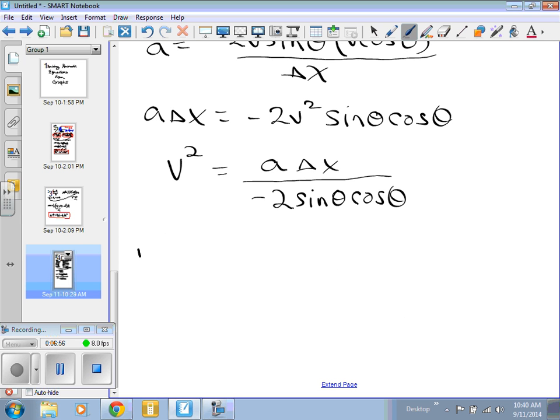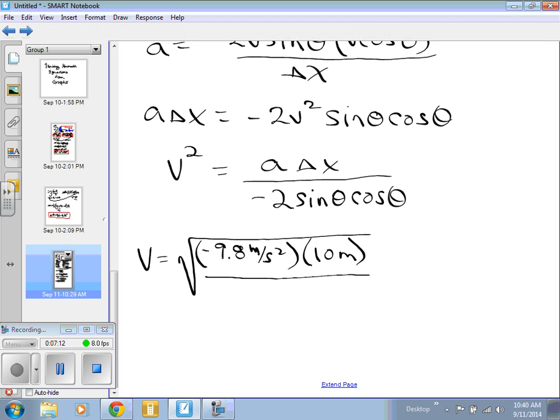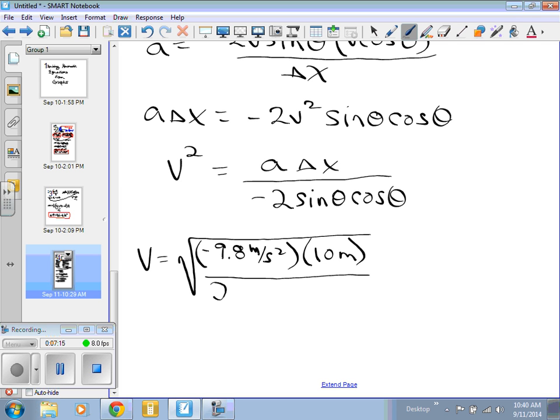So we can start to plug in numbers now. V is equal to the square root of a, which is negative 9.8 meters per second squared, times delta x, which is 10 meters, divided by negative 2 times the sine of 15 degrees times the cosine of 15 degrees.